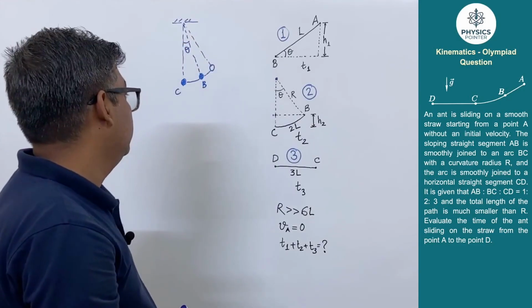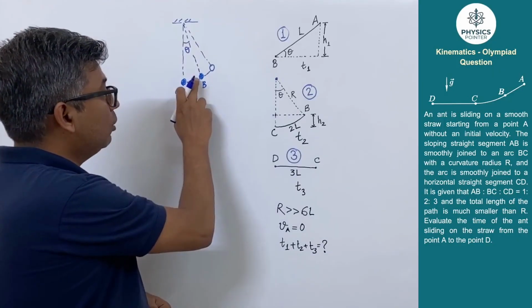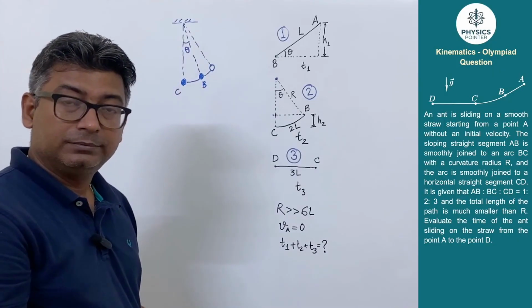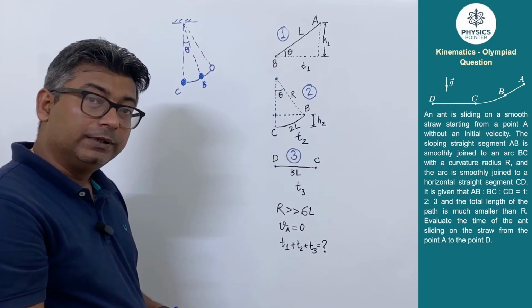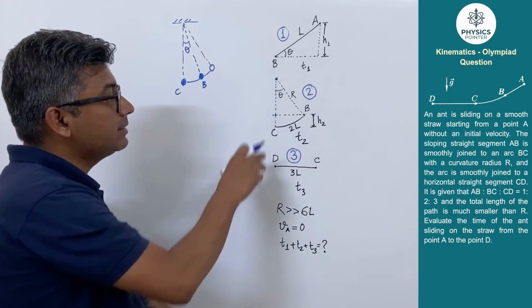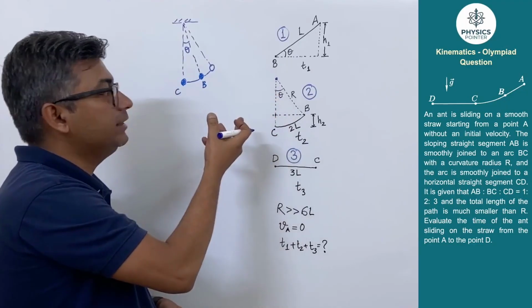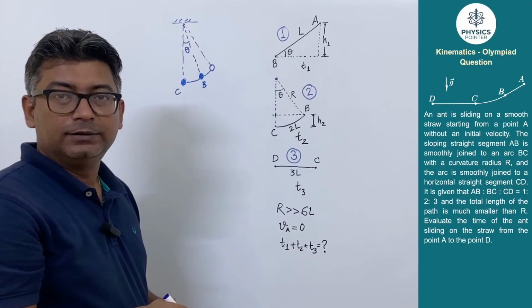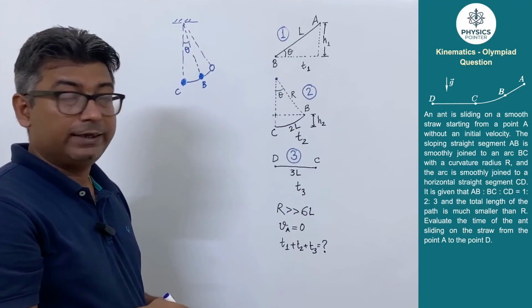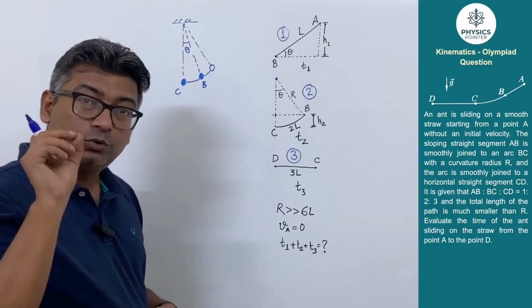Okay, got it. So now we got velocities at two different points. So how do we even calculate the time? It is a tricky thing because it has an angular velocity which is changing, and an angular acceleration that is also changing. So too much of calculation, right? No, you have to go to the basics.